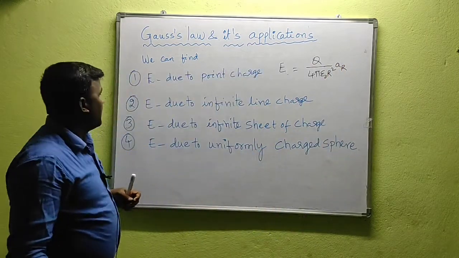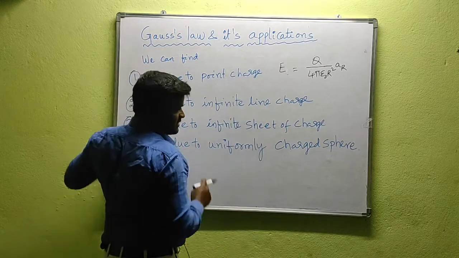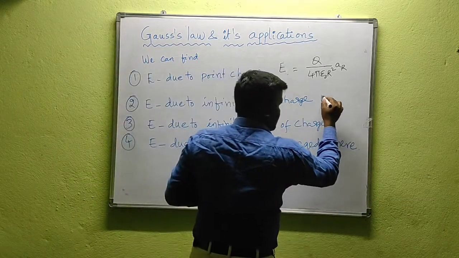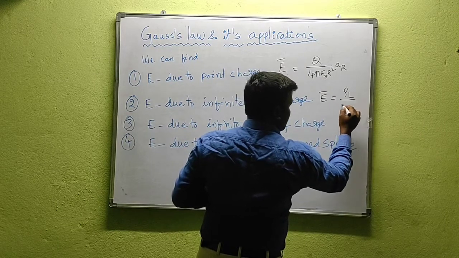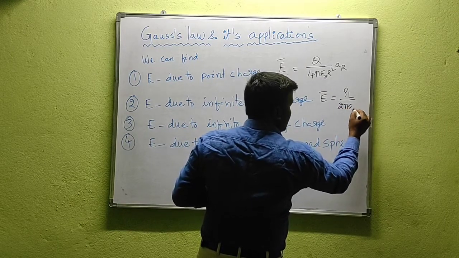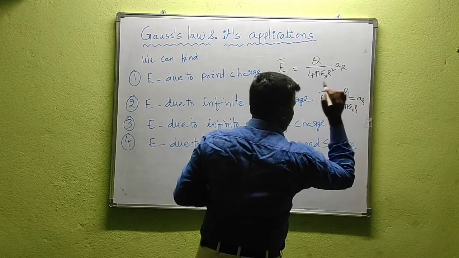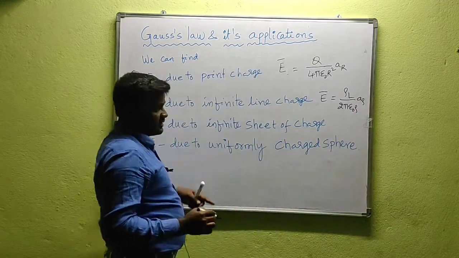And E due to infinite line charge, E bar is rho L by 2 pi epsilon naught rho into A rho.